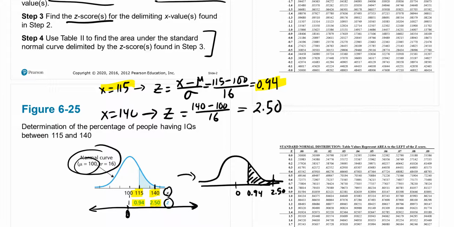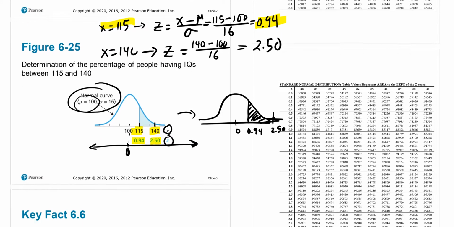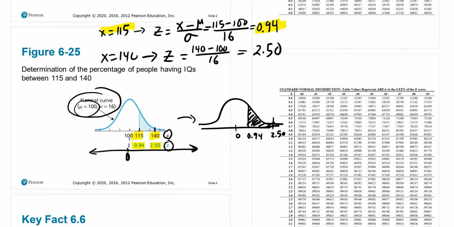Now we need to find the area under that curve from 0.94 on the right side to 2.50. How are we going to do this?